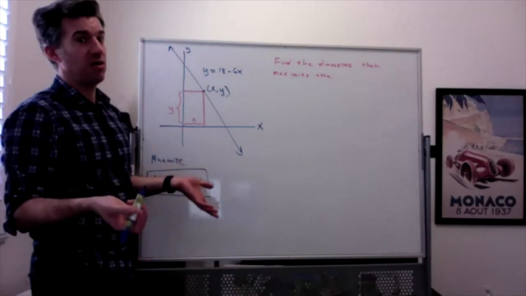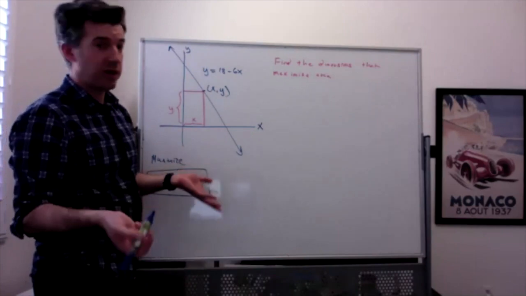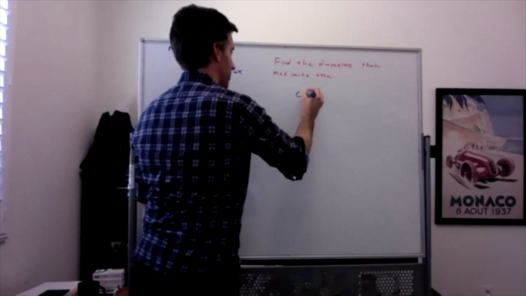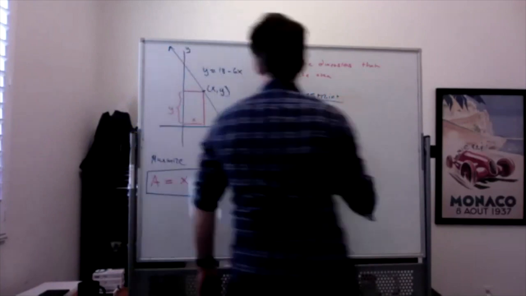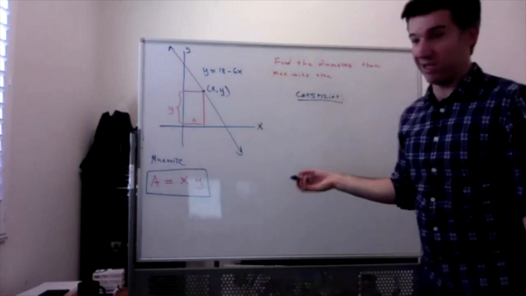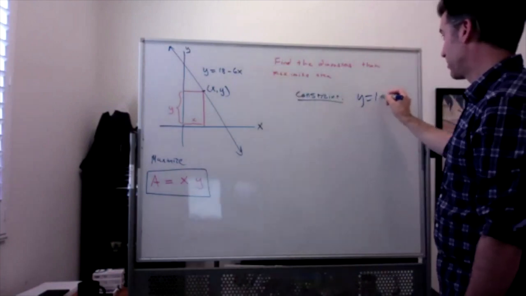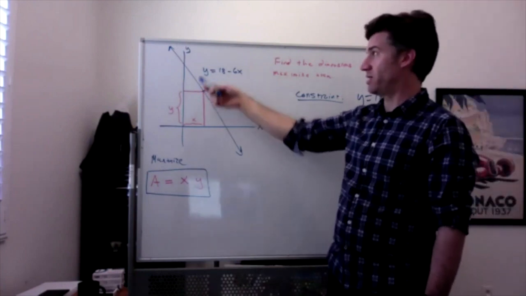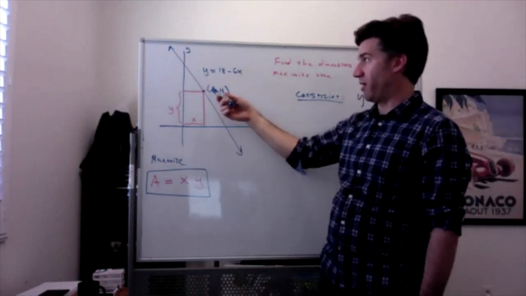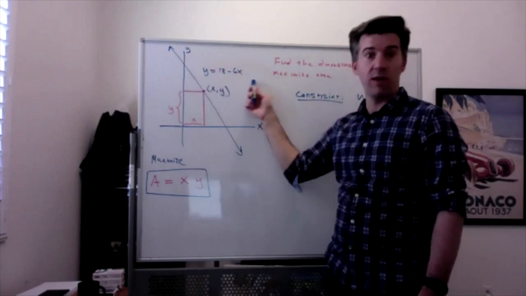So here's what our constraint really is. Our constraint is, in fact, that y is equal to 18 minus 6x. Right? If this corner of the rectangle is on this line, then you have to have the x and y satisfy the equation of the line.